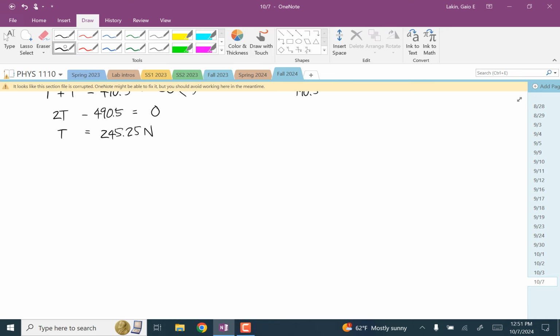Okay, and then the last type of force is friction force. There are two types of friction. The first one is called static friction.